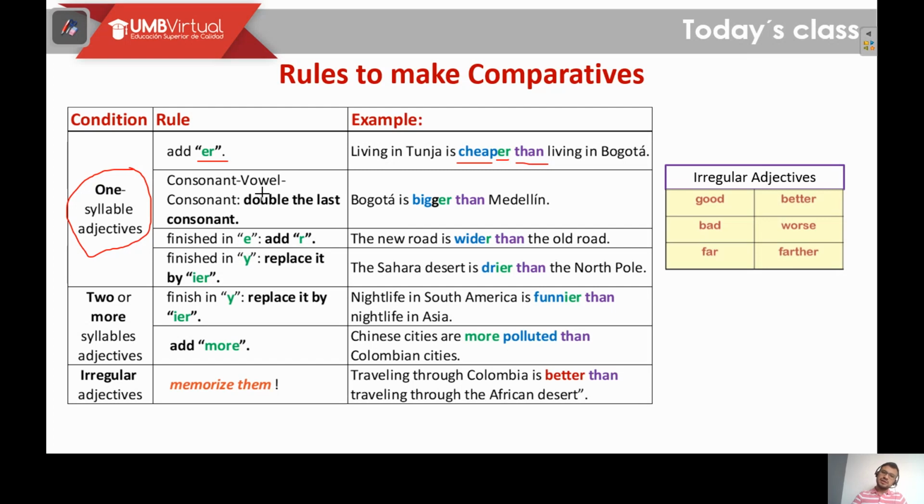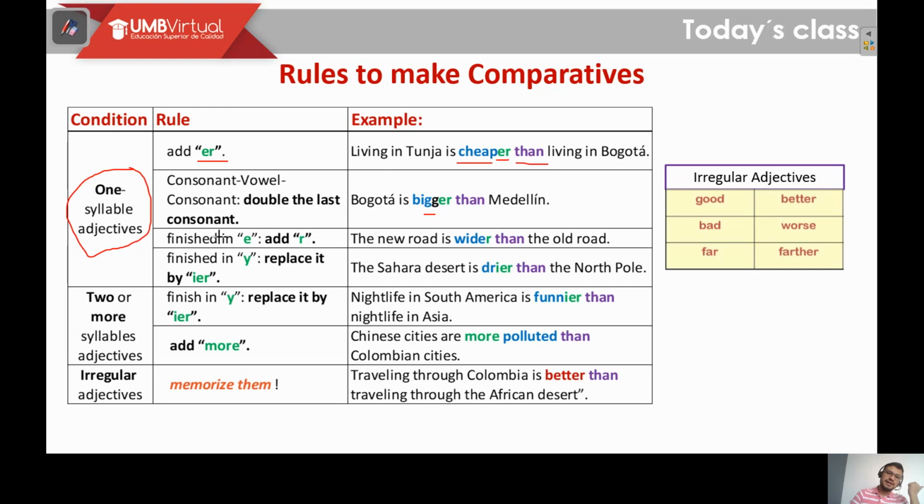Pero si es un adjetivo de una sola sílaba, pero que esa sílaba está compuesta por consonante, vocal, consonante, consonant, vowel, consonant, we are going to double the last consonant. Duplicamos la última consonante and we add ER. Bogotá is bigger than Medellín, or Bogotá is bigger than, I don't know, Puerto Boyacá, for example.